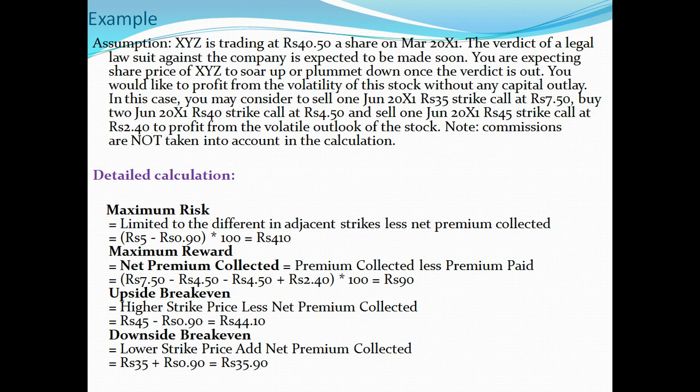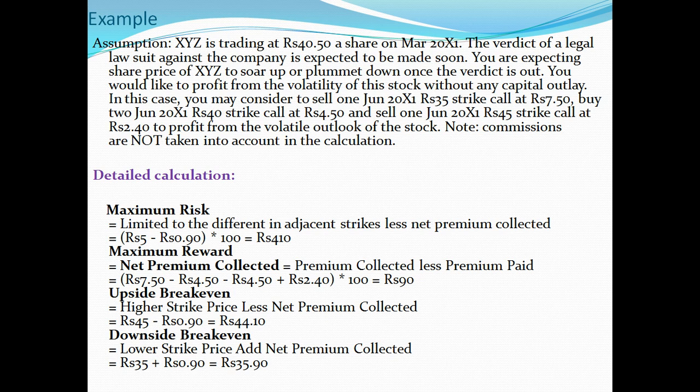Assumption: you have to assume XYZ is trading at 40.50 on March 20 X1. The verdict of a legal lawsuit against the company is expected to be made soon. You are expecting the price of XYZ to soar up or plummet down once the verdict is out. You would like to profit from the volatility of this stock without any capital outlay.